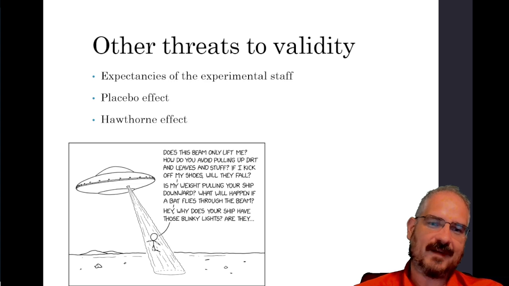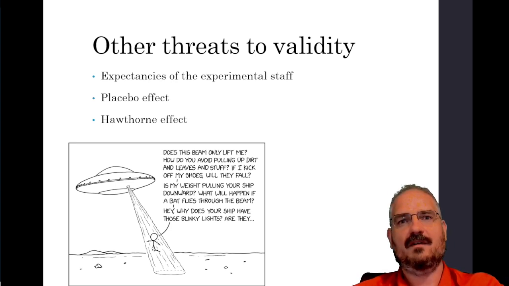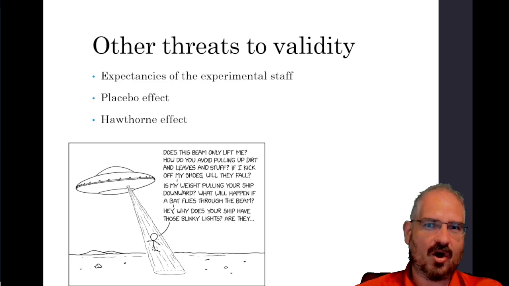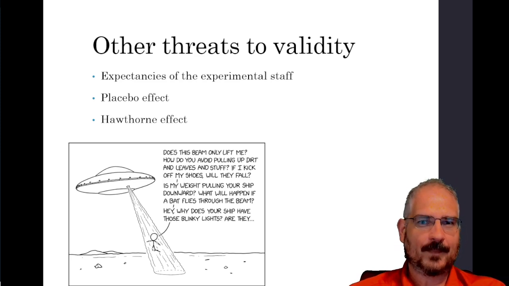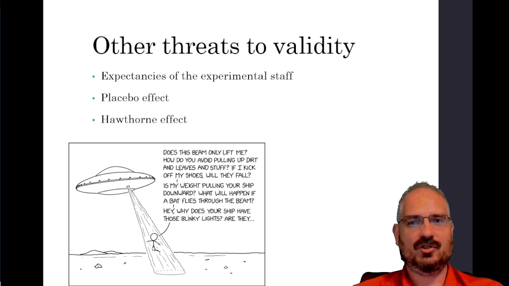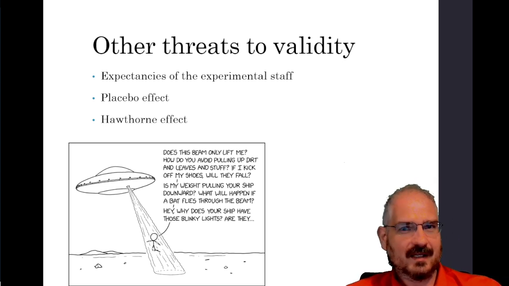And so just the fact that the experimental staff, the people doing the measuring and the observing, kind of know what's going on and know what's supposed to happen can cause them to record something as if it is happening when it might not be, right?